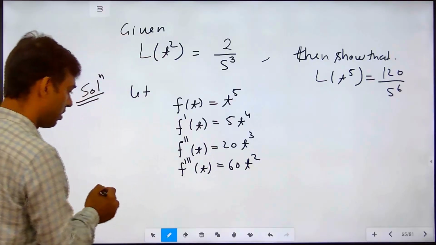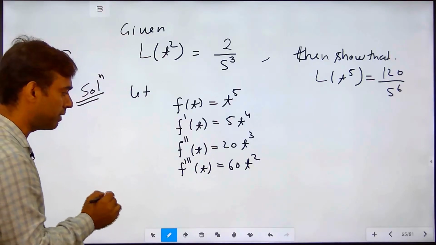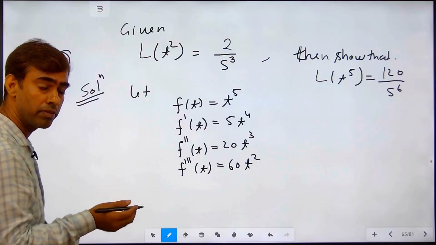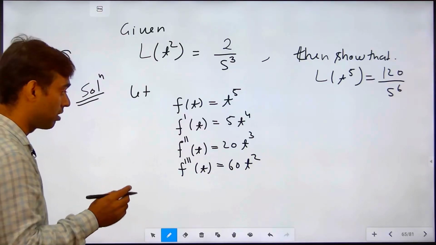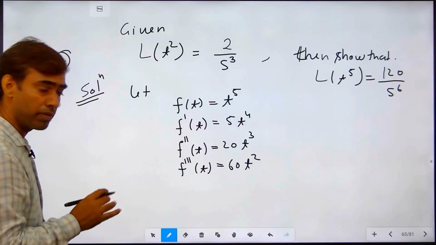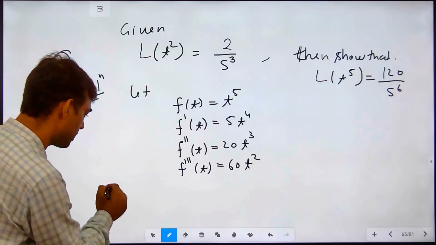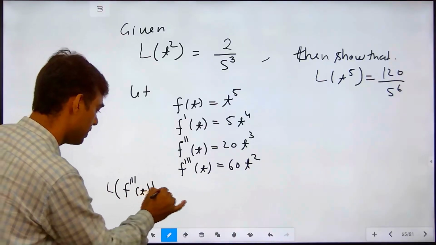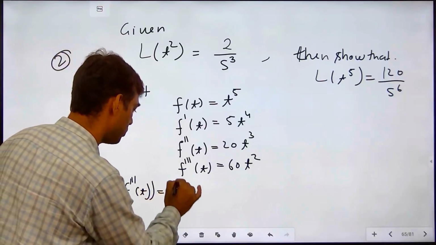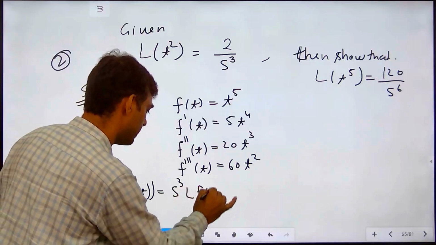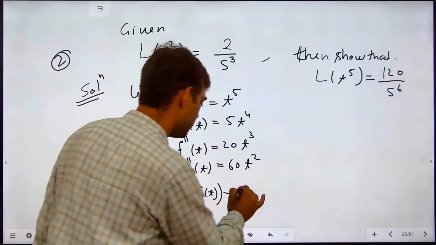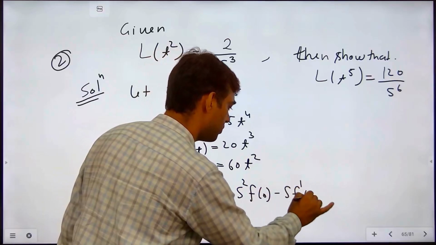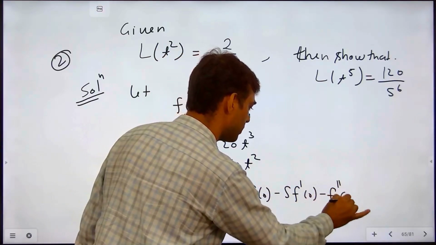So, using the property of a derivative of a Laplace transform, the third order derivative of f(t) becomes what? The Laplace transform of f triple dash t becomes s cube times the Laplace transform for f(t), minus s square f of 0, minus s f dash 0, minus f double dash 0.